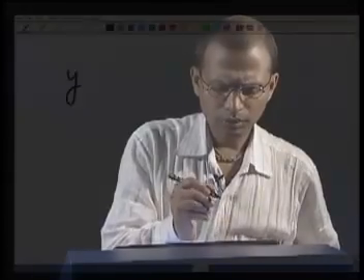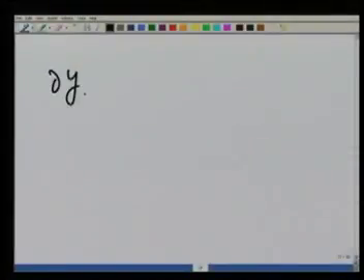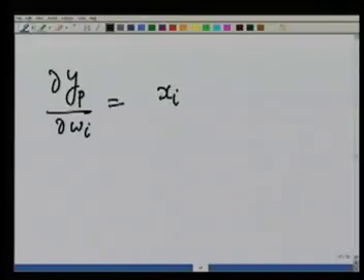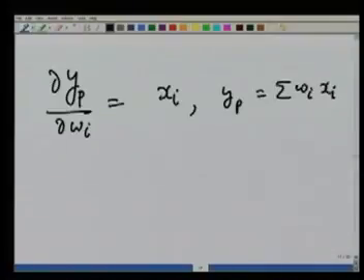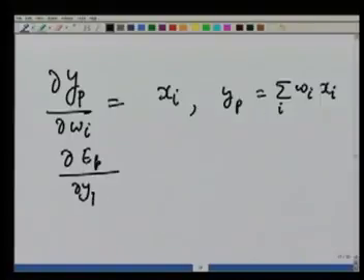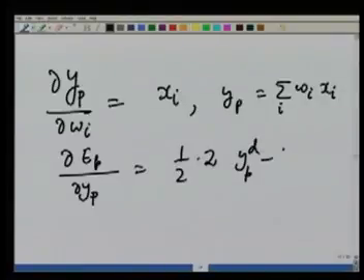If I do that, I find del y_p by del W_i is simply x_i, because y_p is the sum of W_i x_i over i, and del E_p by del y_p: the half is there, then 2 will come from the square, and (yd_p minus y_p).